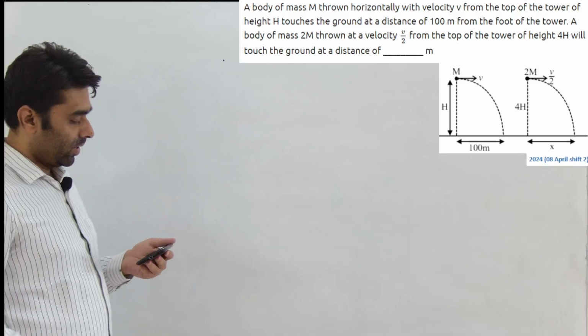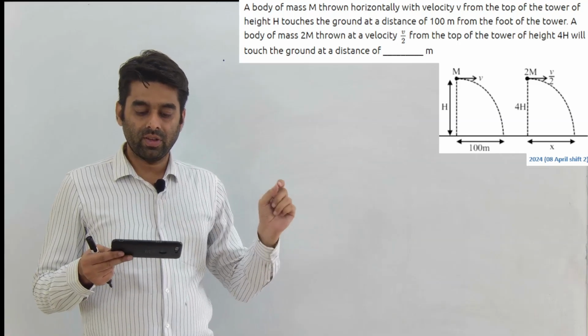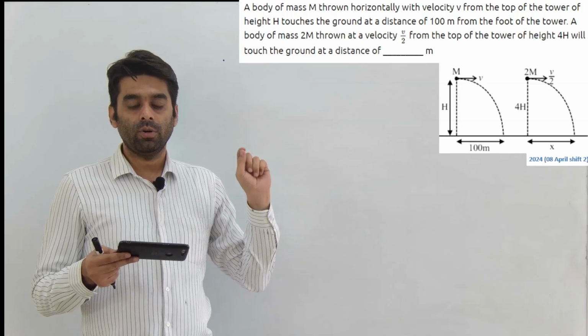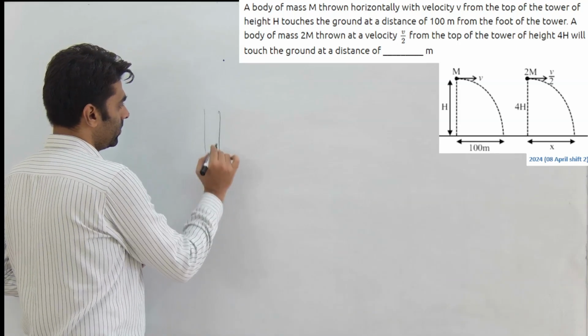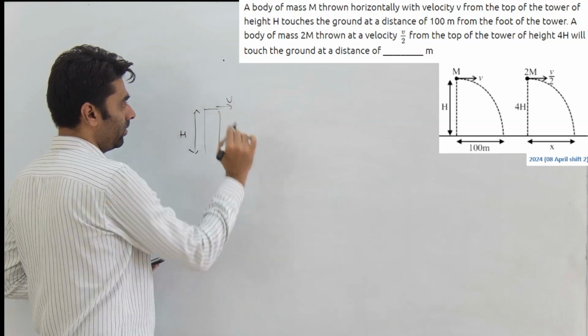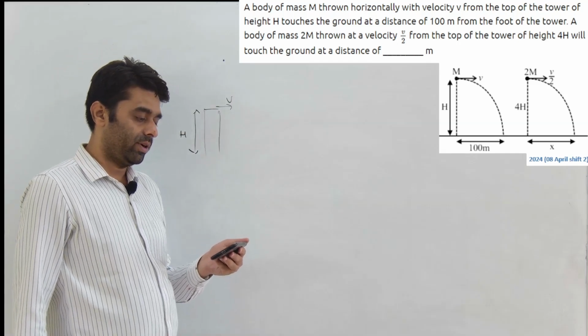Let's see, the diagram is in front of you. The question says a body of mass m is thrown horizontally with velocity v from the top of a tower of height h. So the initial situation is, this is height h and it is thrown with a speed of v. It touches the ground at a distance of 100 meter from the foot of the tower.